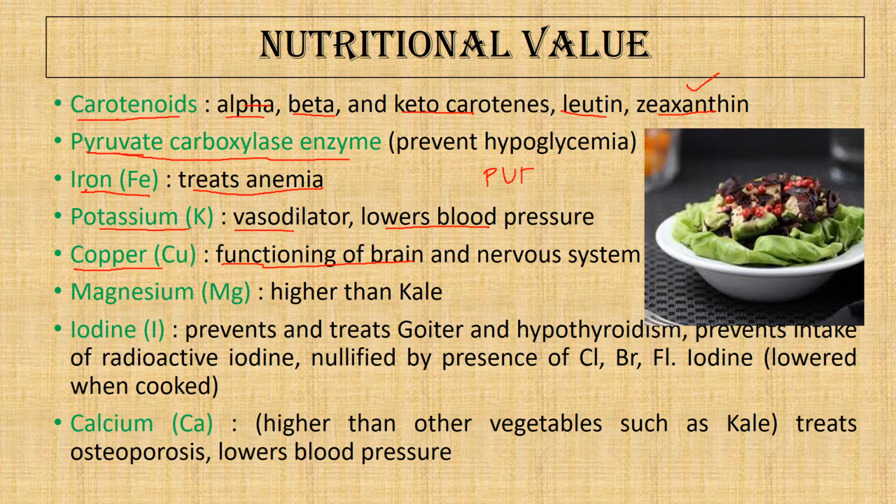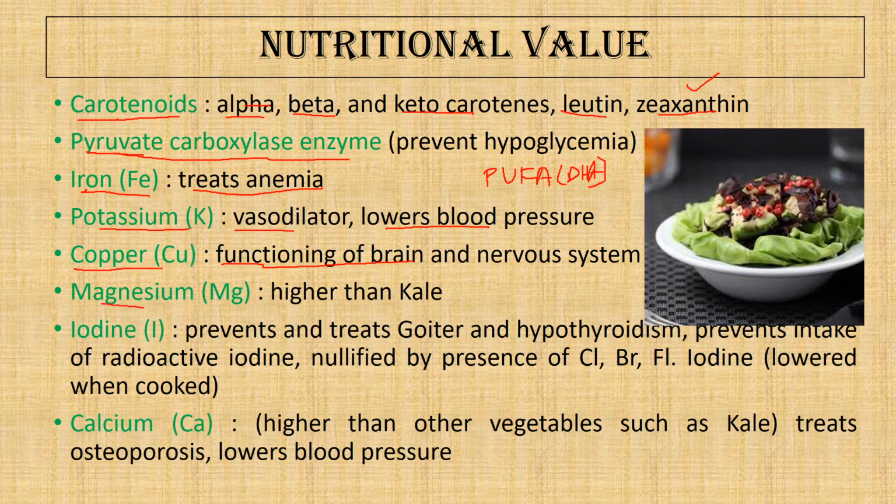These unsaturated fatty acids, especially DHA, have neuroprotective properties as well as maintaining the nervous system and brain. So this PUFA, especially DHA, along with this copper, is neuroprotective.